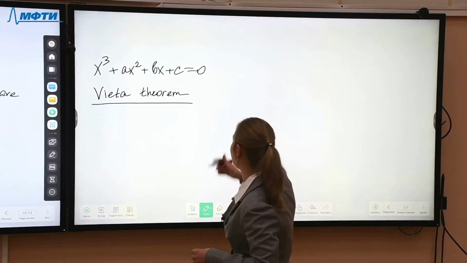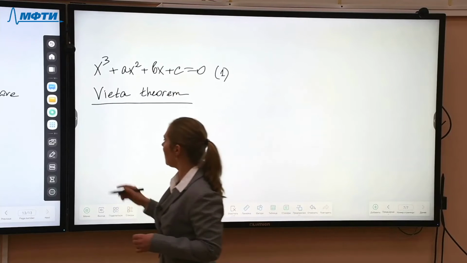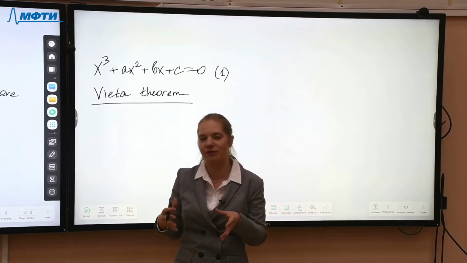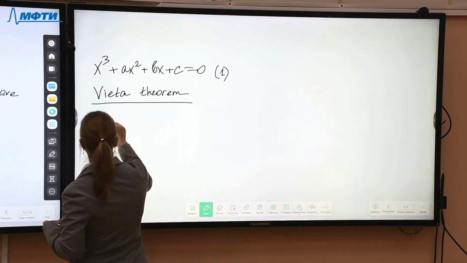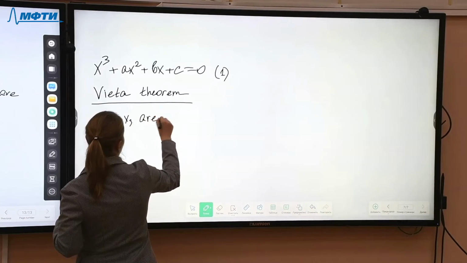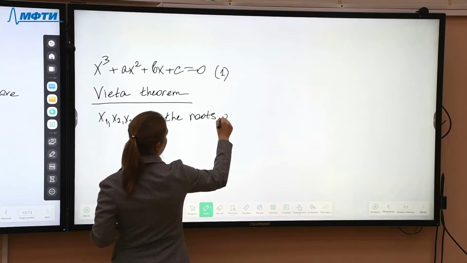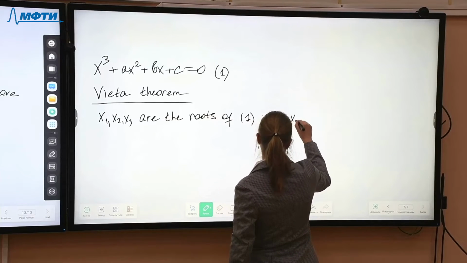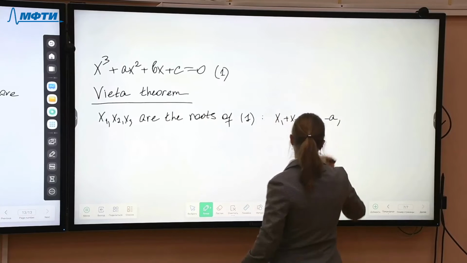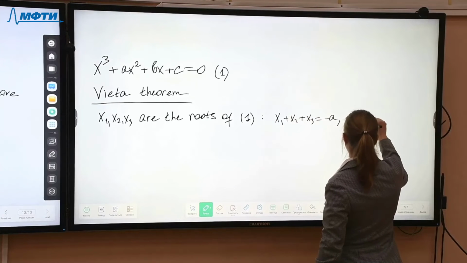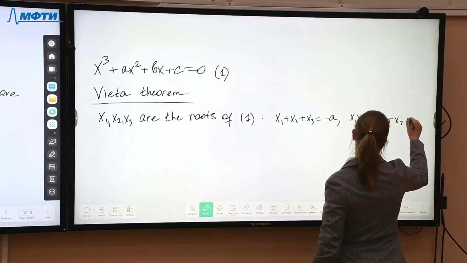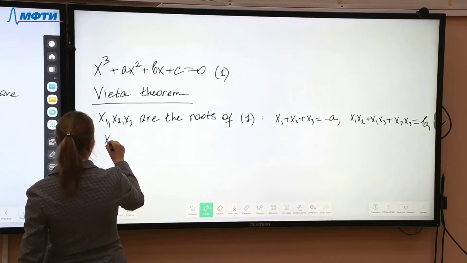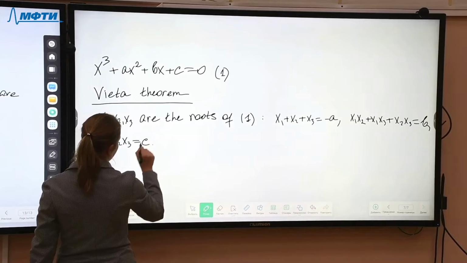So Vieta's theorem for this equation says that if we have this equation 1 and we have 3 roots, again, some of them can coincide, but we have 3 roots, x1, x2, and x3 are the roots of 1, then we can say that x1 plus x2 plus x3 is minus a, then x1 x2 plus x1 x3 plus x2 x3 is b, and x1 x2 x3 is minus c, sorry.